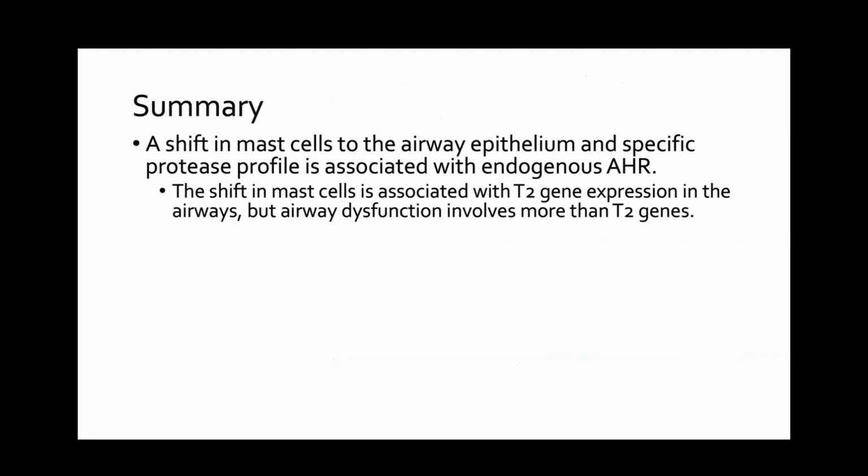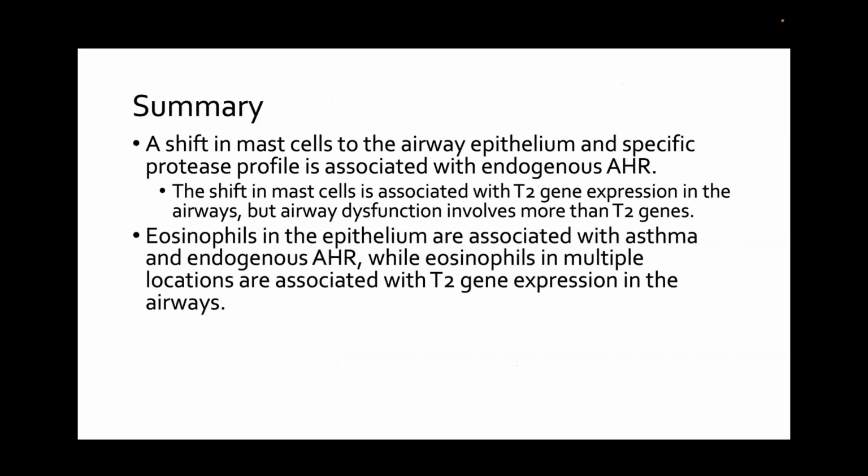All right, so we're going to just end with our summary, which is that this shift of mast cells to the epithelium is associated with that endogenous airway hyperresponsiveness. It's really clearly the target. This is associated to some degree with T2 gene expression, but there are lots of people that don't have T2 gene expression, and we've been able to identify some of those specific genes.